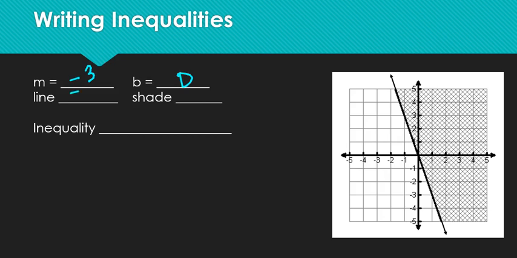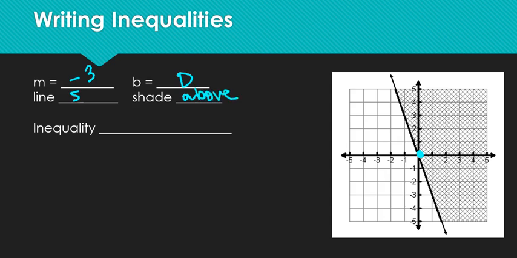Okay, we have a solid line, and this is shaded more to the right, but just imagine where's above. Here's our y-intercept. Is it shaded above or below the y-intercept? It is shaded above, right?